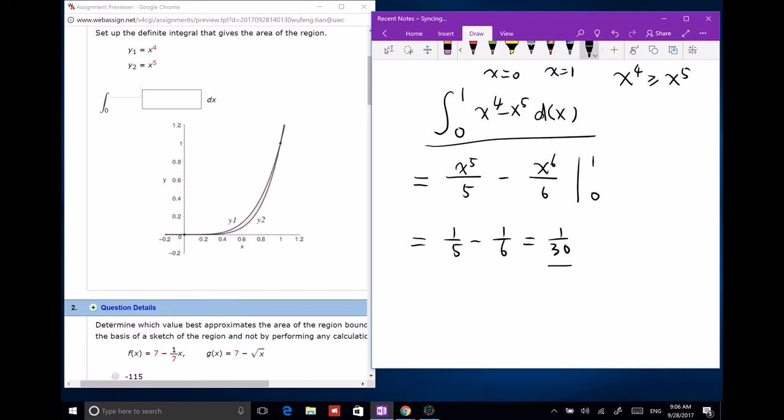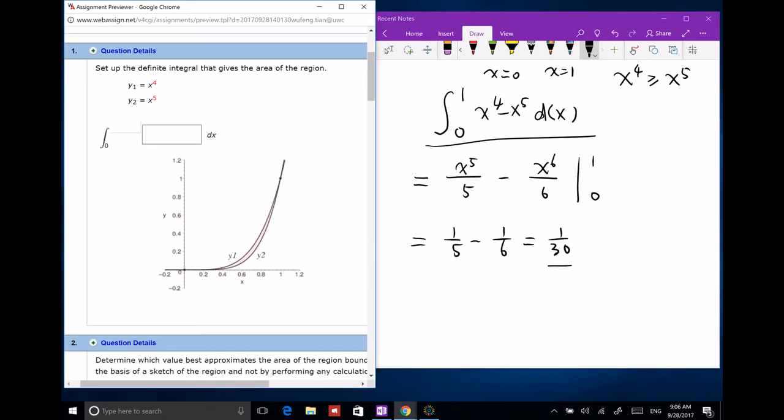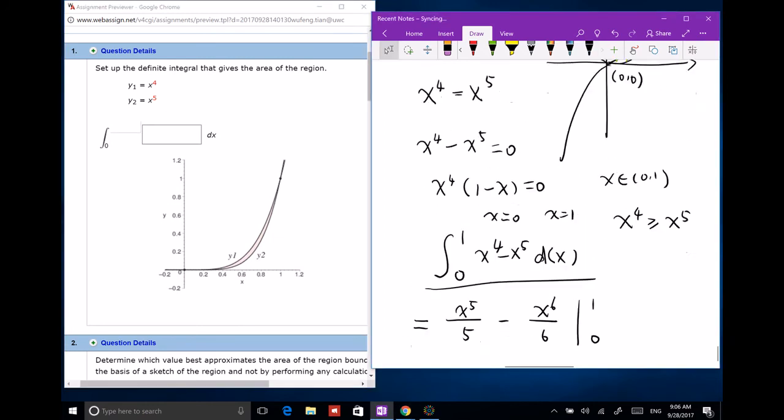Sir? Yes? I have a quick question on this one. Would you suggest that we always set the equations equal to each other to find the limits, or is it okay just to look at the graph if we can see the points of intersection? Oh, in the test, probably I won't have the graph for you. If it's a question like this, it might not have a graph for you.